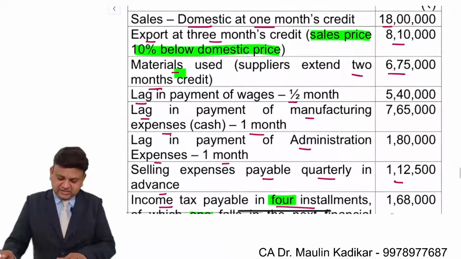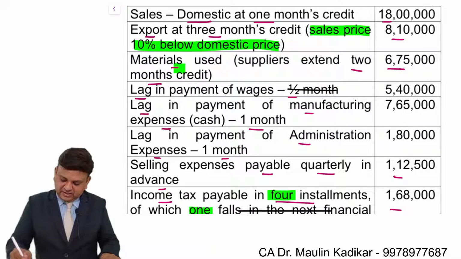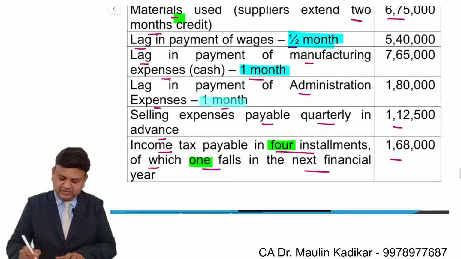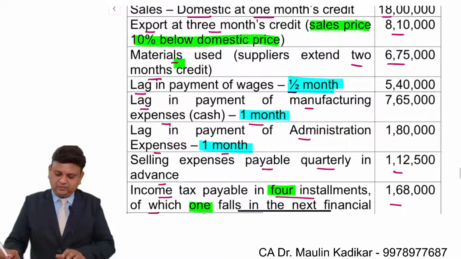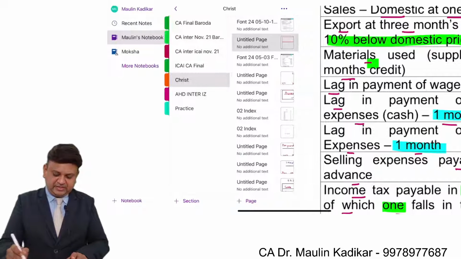Now we can see that the information is given that the wages are paid half a month in arrears. Okay, so the outstanding is of half a month. Manufacturing expenses 1 month, administration 1 month. So we can club manufacturing expenses and administration expenses, and we are required to keep the wages separately.